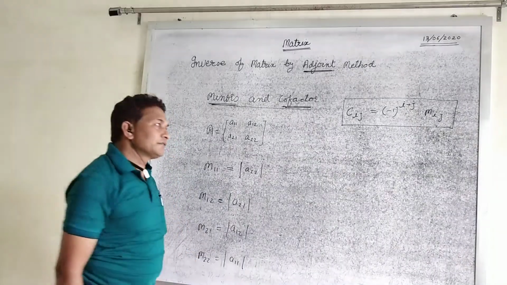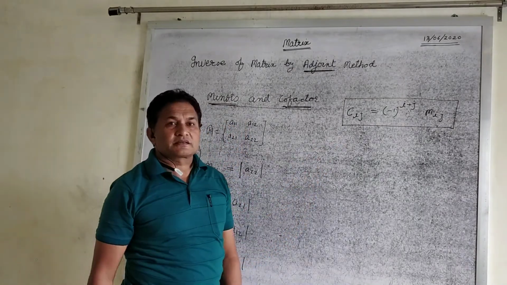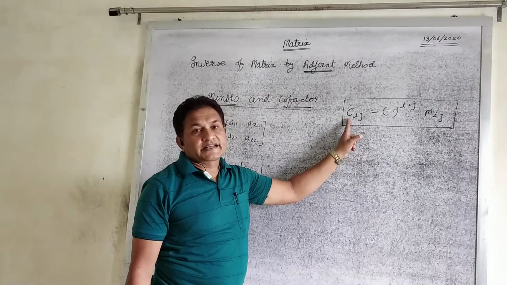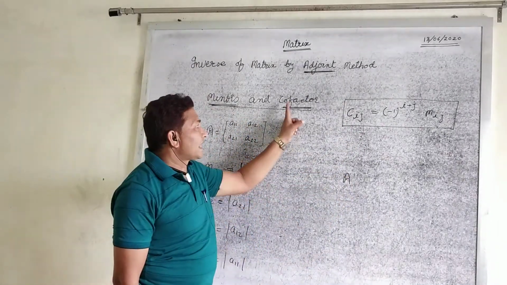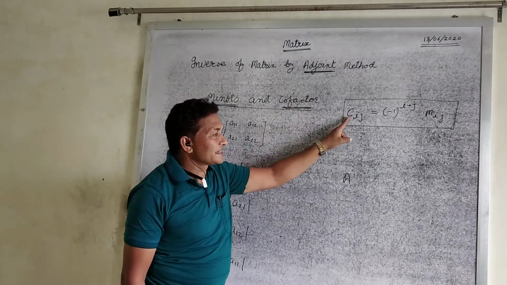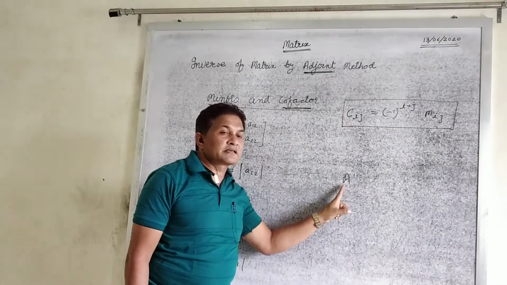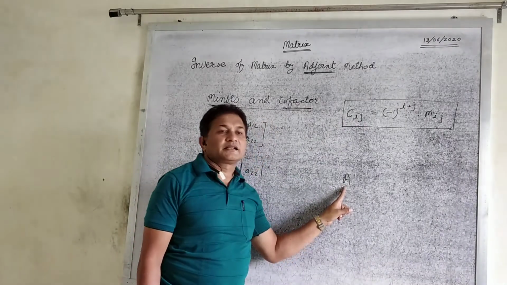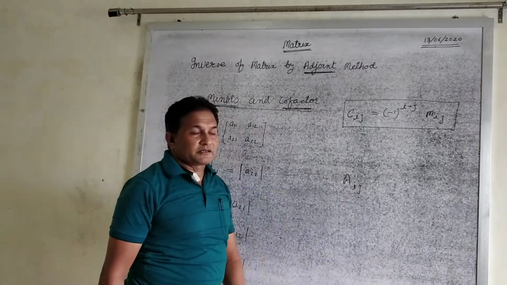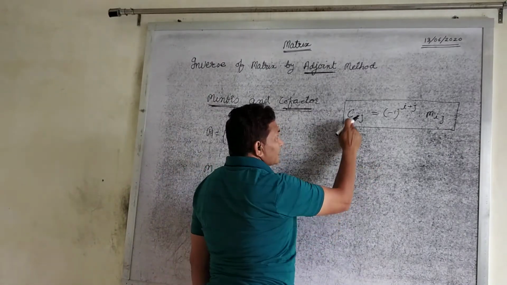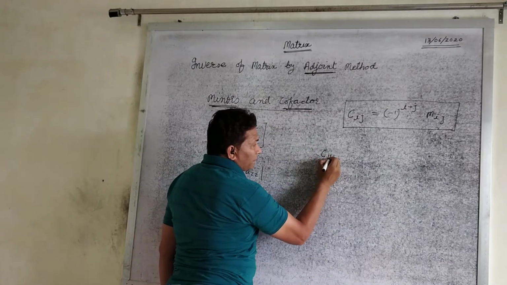In books, cofactors are generally written as A, but for better understanding, we represent them here as C. Do not get confused. In books, cofactors are denoted by Aij, but here we are denoting them as Cij. C is cofactor.